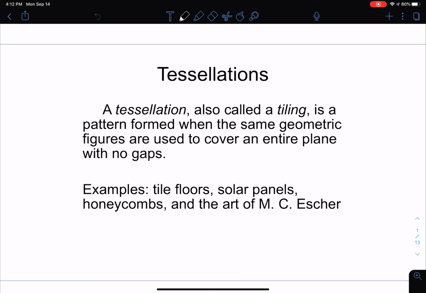I'm driving along, I think that's where I saw that. Or if you see honeycomb, I think everybody's familiar with honeycombs. And there's all kinds of examples. And if you're familiar with M.C. Escher, many of his pieces of art involve tessellations or tilings. Or they involve him taking tessellations and doing some interesting things with them.